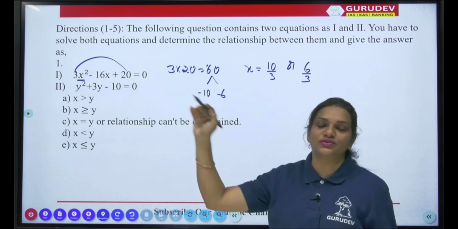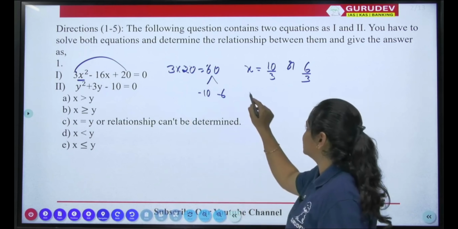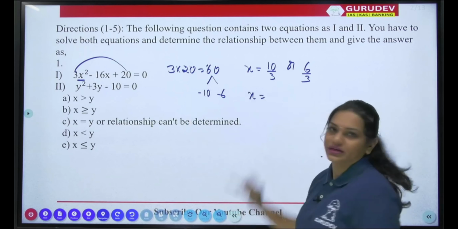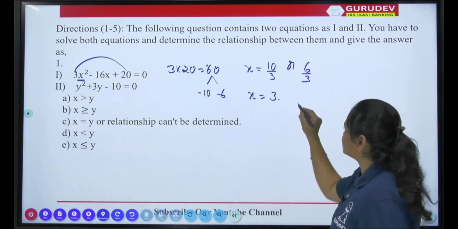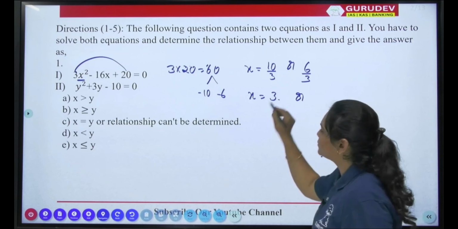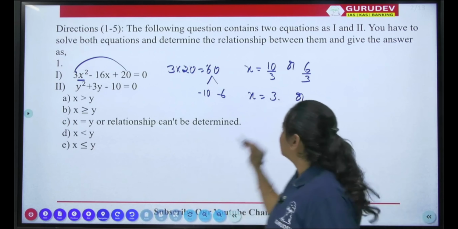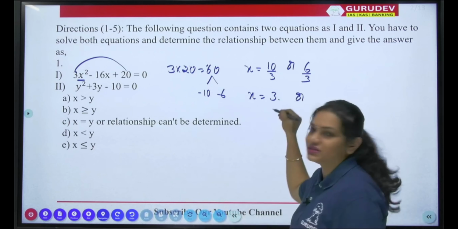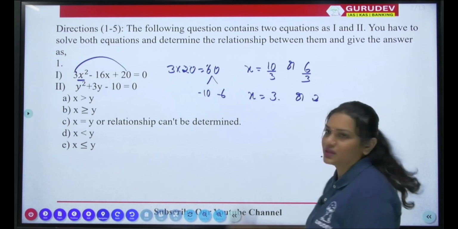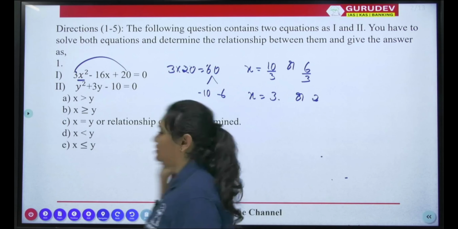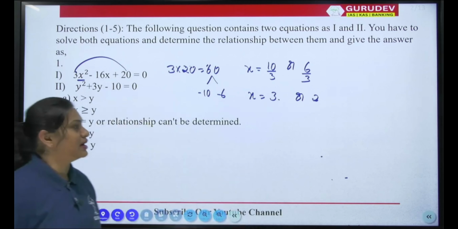If it can cancel, cancel it; otherwise keep it as it is. 10 by 3 is 3 point something. No need of solving this in full, just take it as 3 point something. Next, 6 upon 3 is 2. So the roots of x will be 3 point something as well as 2.